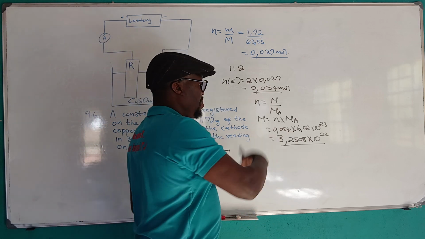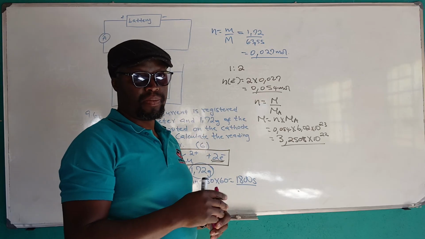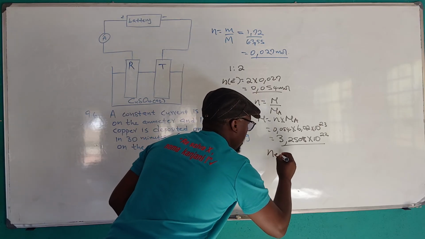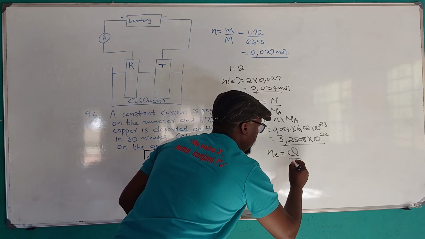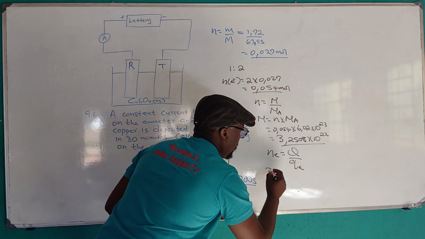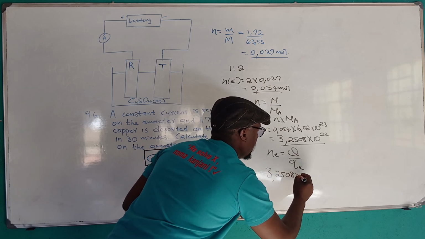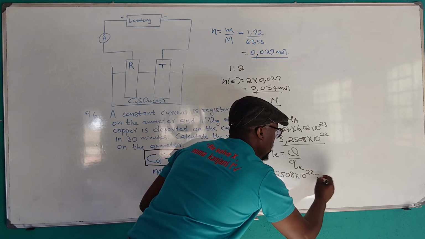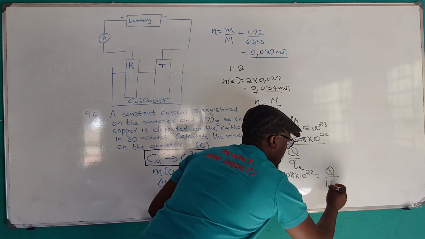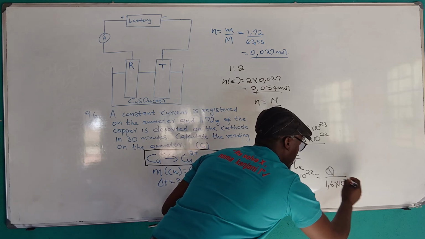Now that we have the number of electrons that are released, we have to determine the charge of these electrons. So we're going to use this formula and substitute accordingly. 3,2508 by 10 to exponent 22 will be equal to Q divided by the charge on an electron, 1,6 by 10 to exponent negative 19.